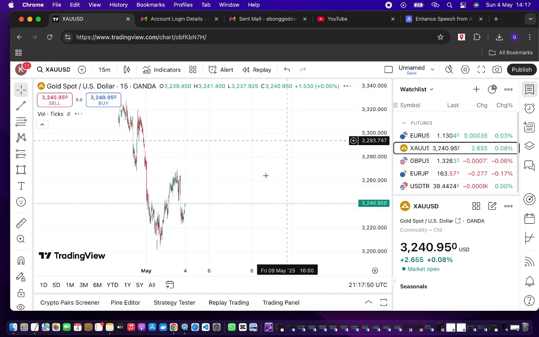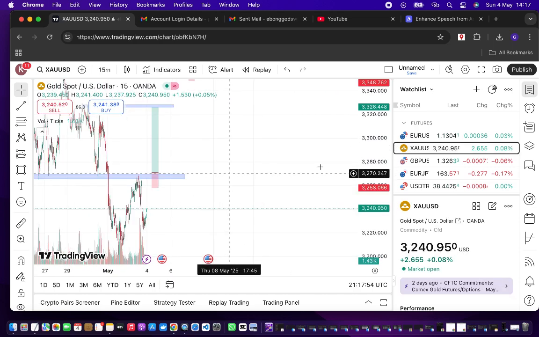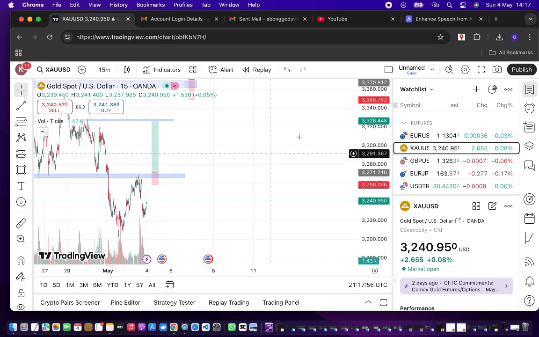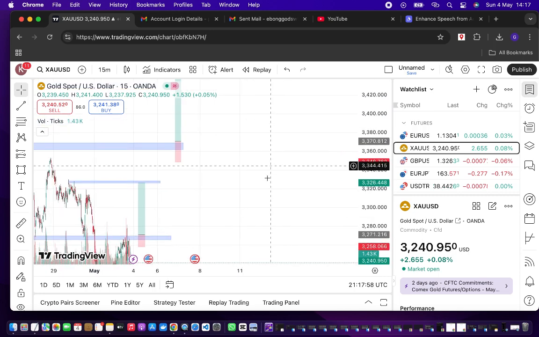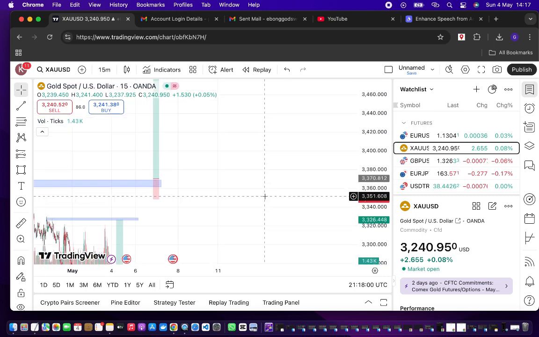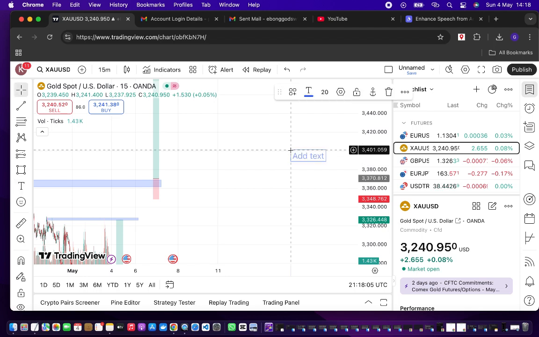So yes, like I said, gold has its own way of being calculated. Currently gold is valued at 3240.95. That's gold's current market value.